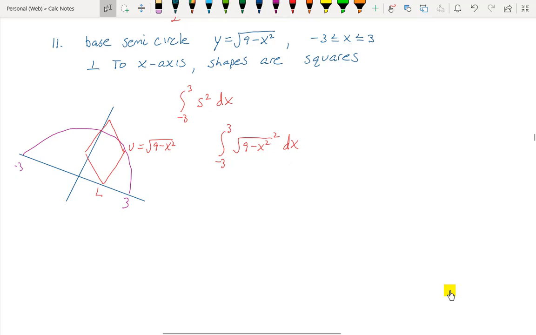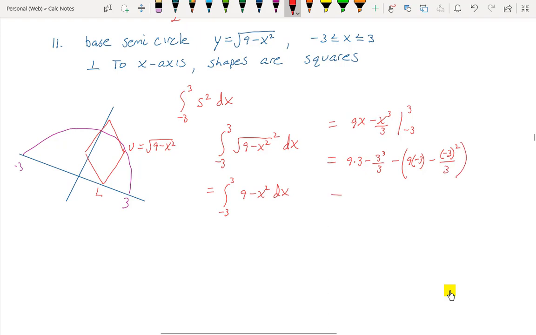And you know what? We'll go ahead and do this one by hand because this one's pretty straightforward and easy. This is going to equal the integral from -3 to 3 of 9 minus x squared dx. So if we take the antiderivative, we get 9x minus x cubed over 3 from -3 to 3. And so we're going to end up with 9 times 3 minus 3 cubed over 3 minus 9 times -3 minus -3 cubed over 3.